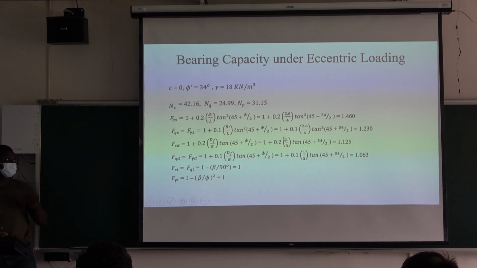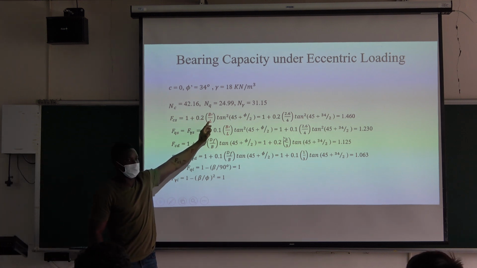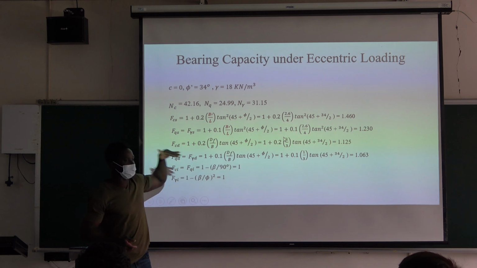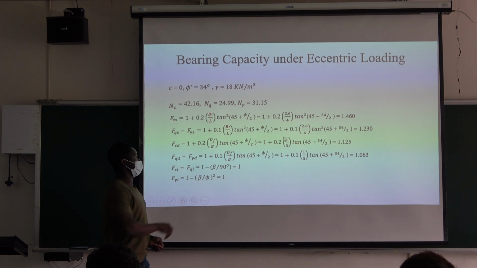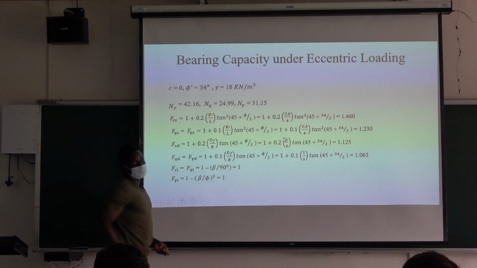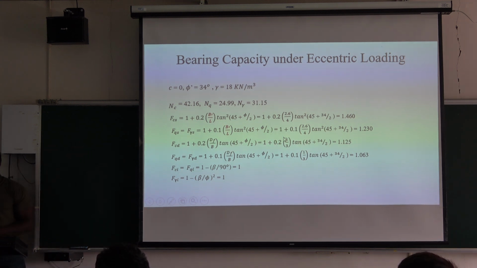In the shape factors, you substitute the B prime instead of the B, or maybe the L prime instead of the L, if it is in the longitudinal direction. But here we are working along the width, so we only change B. If it says in the longitudinal direction, then we will use L prime here. Those are the things you need to pay attention to when dealing with eccentricity problems.